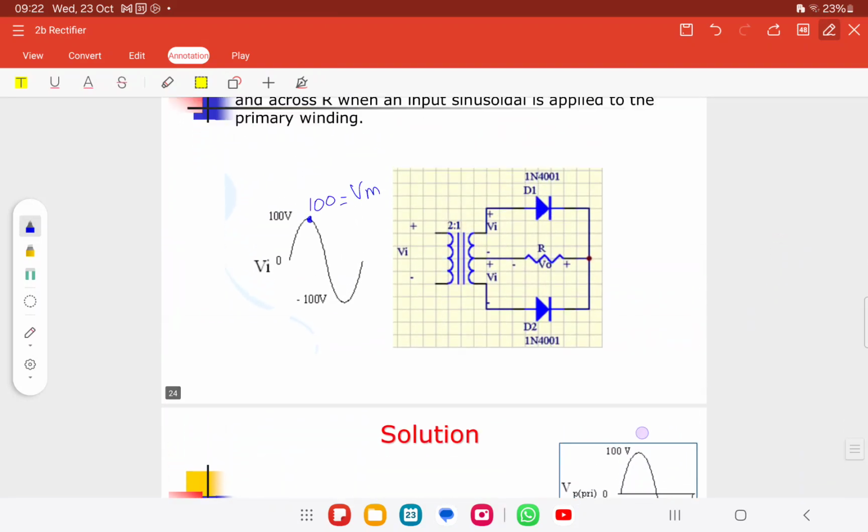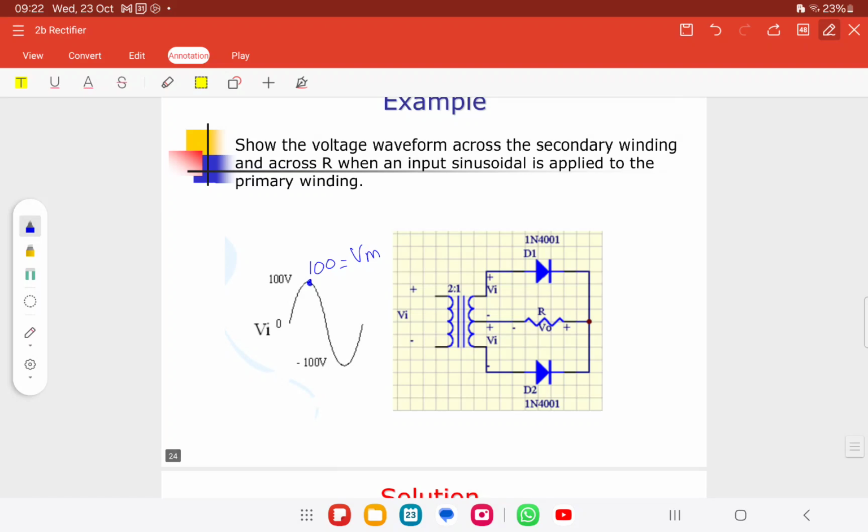Okay, but then please remember for the transformer dia ada primary dengan secondary punya ni. So kalau katakanlah VI dia dekat sini is, contohnya kalau VI is 100, kalau ratio dia 2:1, yang belah sini is 50. So Vm dia akan jadi 50.